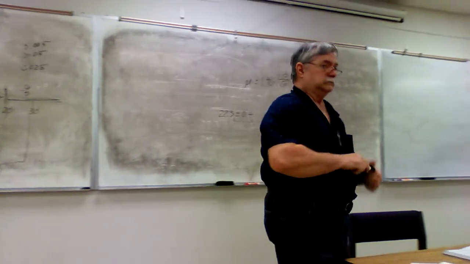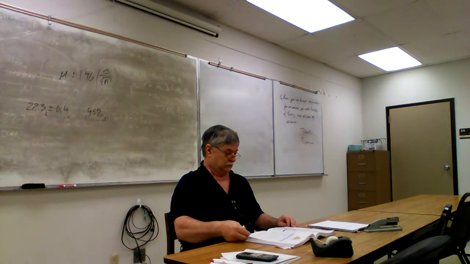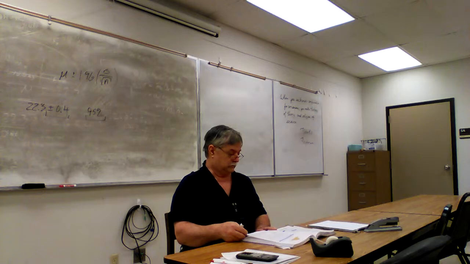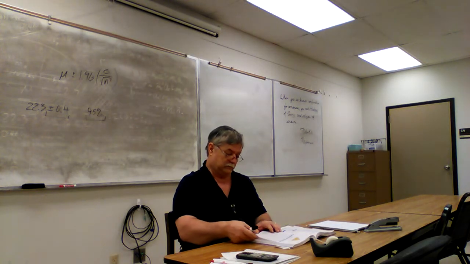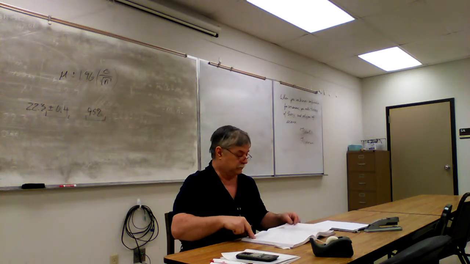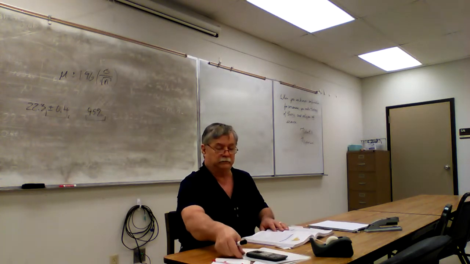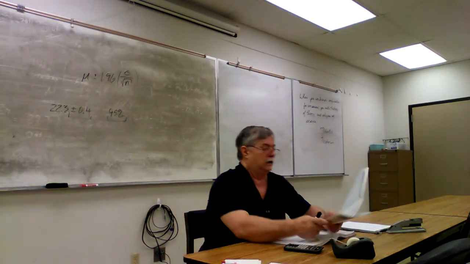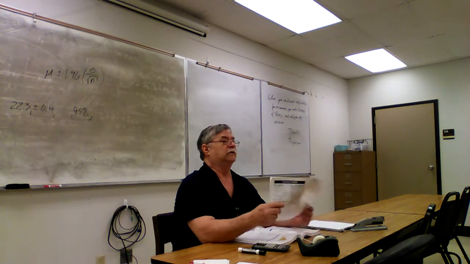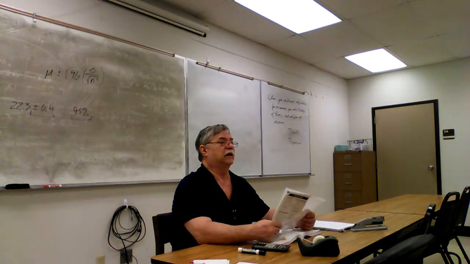Now, let's look at this. Get out your table E. Now let's look at what I'm talking about when I said we're looking for alpha over 2 for a 95% confidence level.